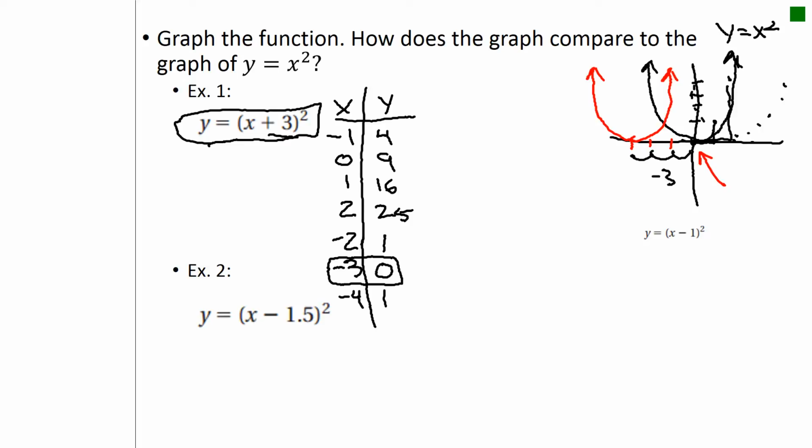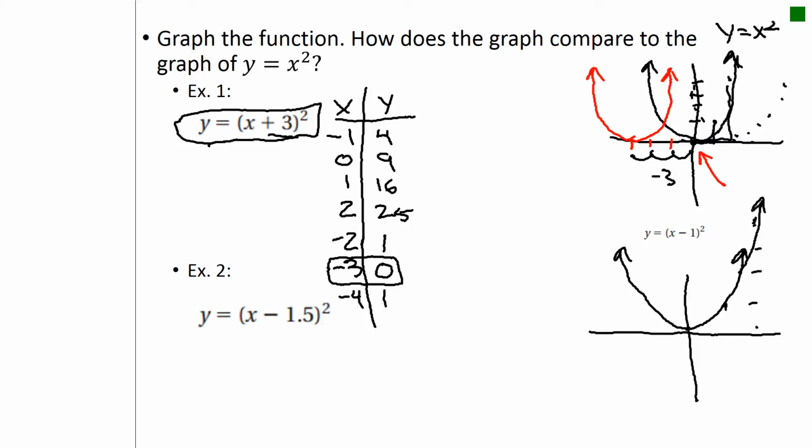Okay, in the same way for the next problem, I'm going to sketch a really ugly y equals x squared with some expected values like (1, 1), (2, 4), and that's supposed to hit up there, and you get the idea of that parabola.